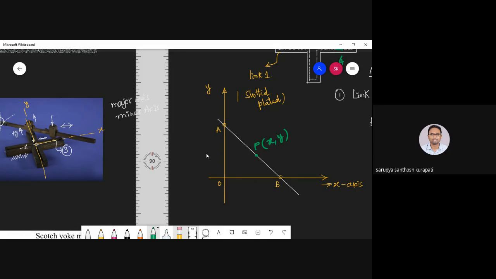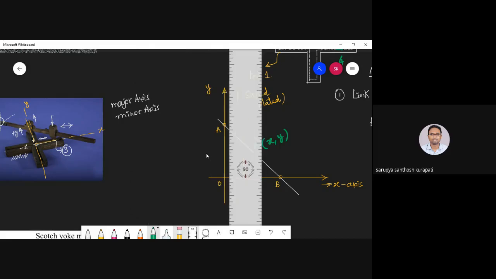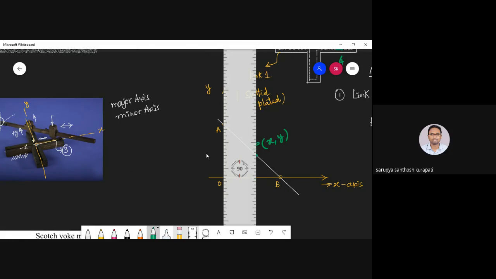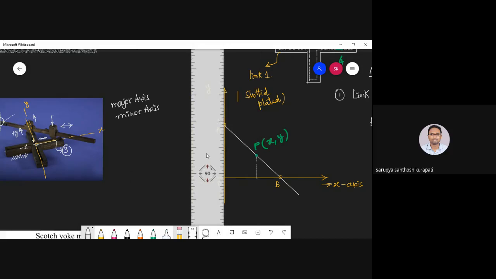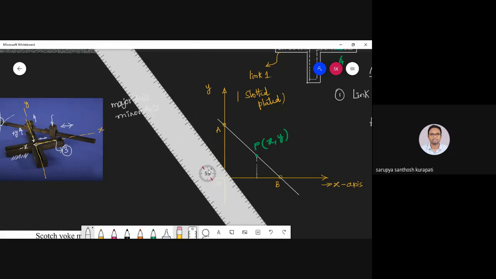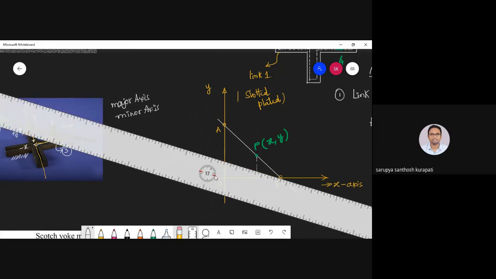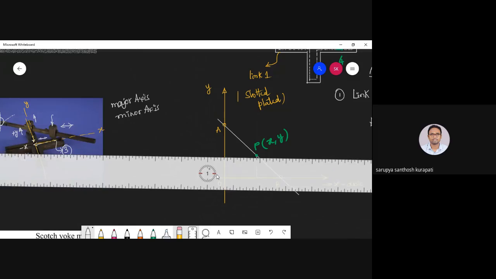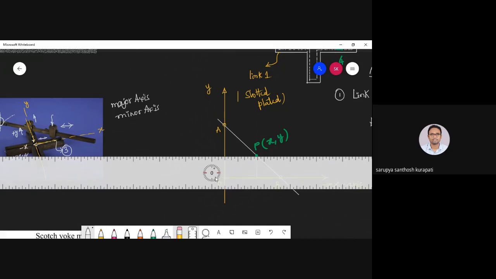So on the x-axis you have x, and similarly y on the y-axis.